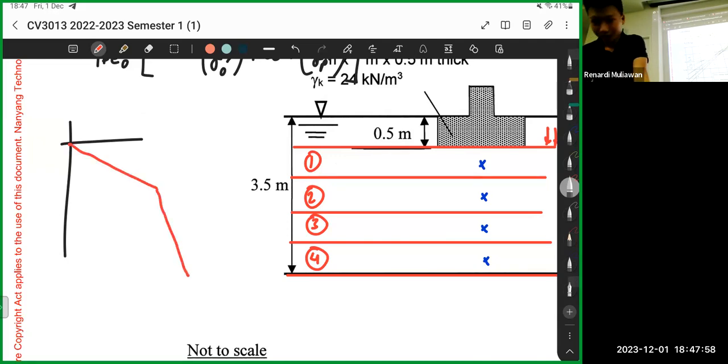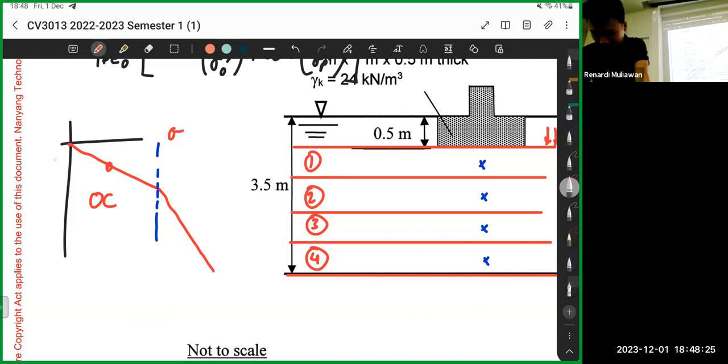Okay, so something like this. Okay, it's basically saying if your soil is overconsolidated or OC soil, right? Then your starting point is somewhere here. Okay, that's your settlement line. I think this one is stress.